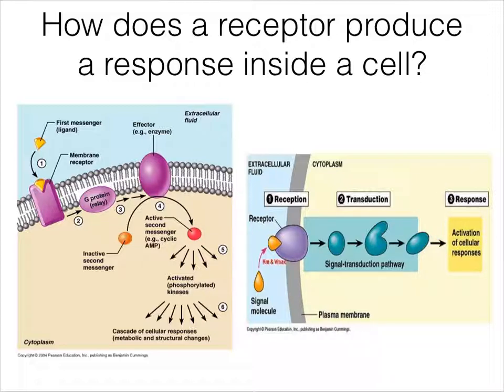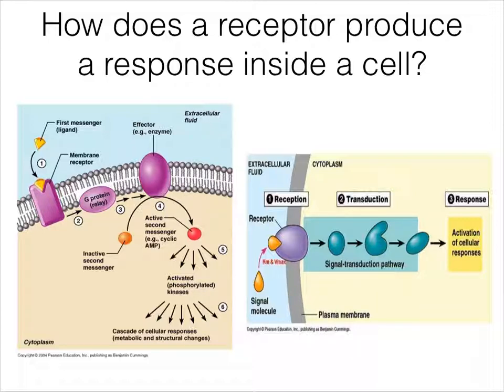So here you see a receptor system. The ligand here is usually called the first messenger, and you'll see why in just a second. The first messenger, or ligand, binds to the membrane receptor. The membrane receptor usually responds by undergoing some sort of change.